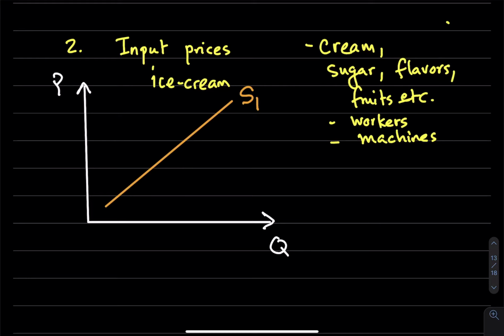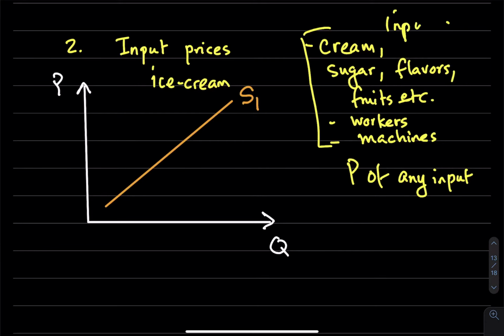Okay, so if the price of any input goes up, these are all inputs which are producing this output, which is ice cream. If the price of input goes up, then producing ice cream becomes less profitable.